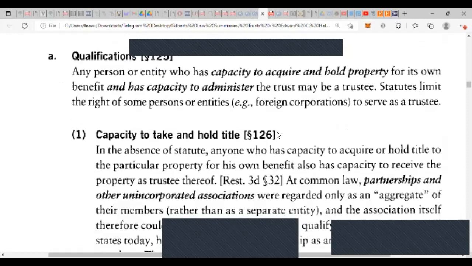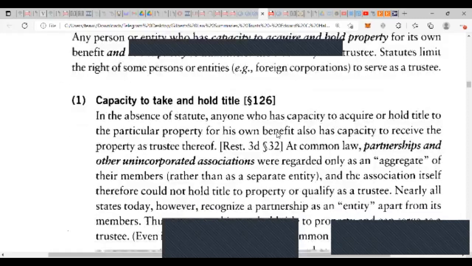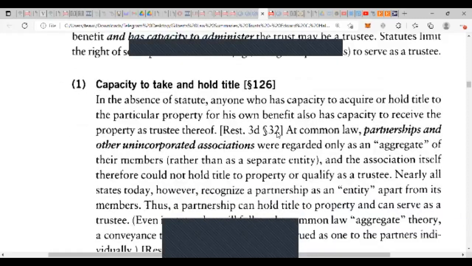Number 1, capacity to take and hold title. Section 126. In the absence of statute, anyone who has capacity to acquire or hold title to the particular property for his own benefit also has capacity to receive the property as trustee thereof.